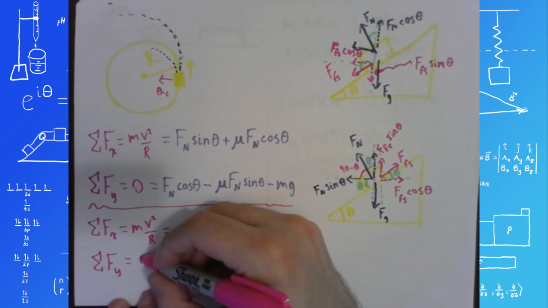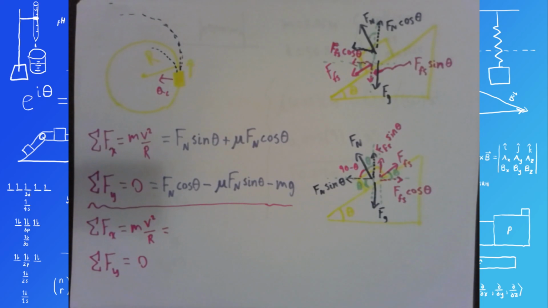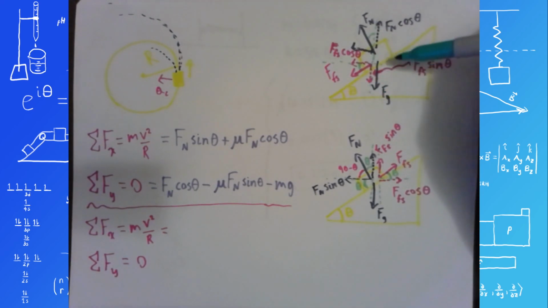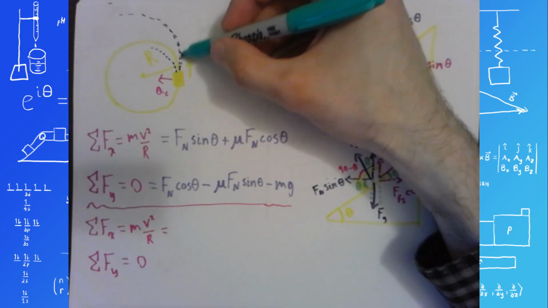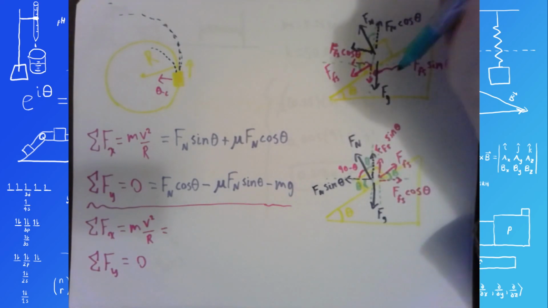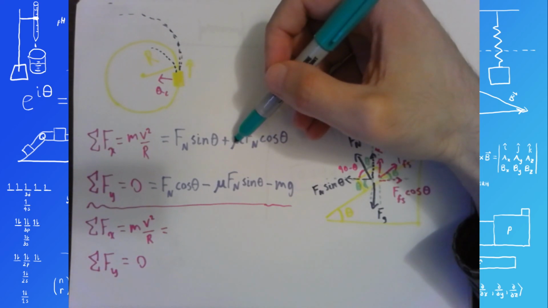And I guess I want to tell these two apart by determining which of these v's is the maximum versus the minimum v. So let me go ahead and actually indicate that now. If the static friction is pointing down the incline, then the car is moving fast enough that in the absence of friction, it would be drifting outward. Because here, the friction is adding to your horizontal force.